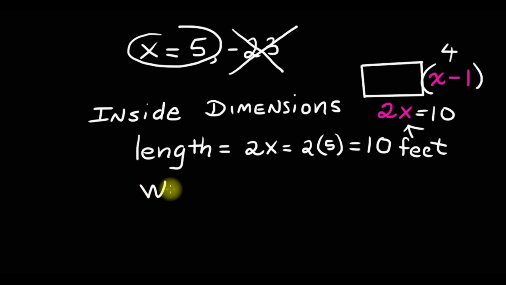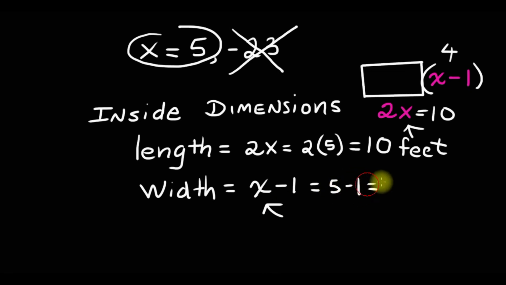And then the width is x minus 1. So when you plug x in here, 5 minus 1 is 4. So your width is 4 feet. It's a 10 by 4 feet rectangle.